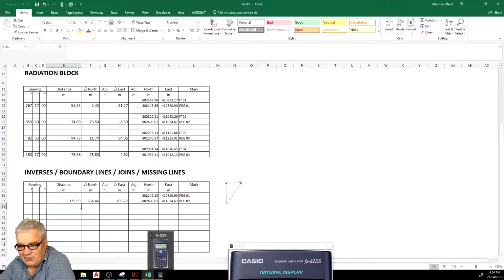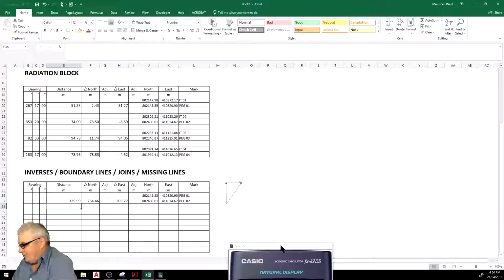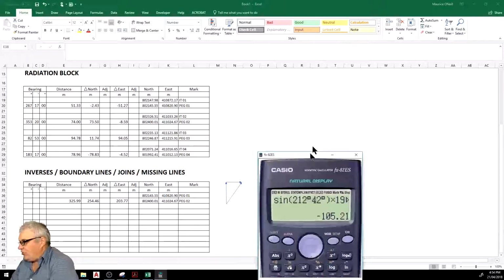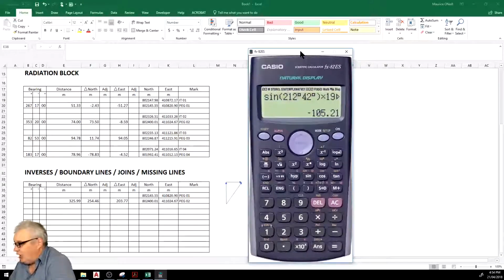Now, I know I've said on many occasions, if you're sitting in front of a spreadsheet with your calculator and you're typing numbers in, you're doing it wrong. And this is true. But I'm just using this as a quick method of showing how things can be done on the calculator.